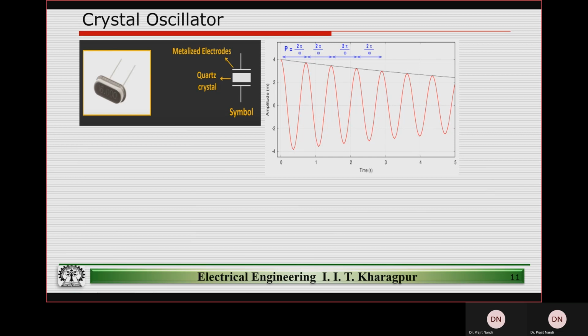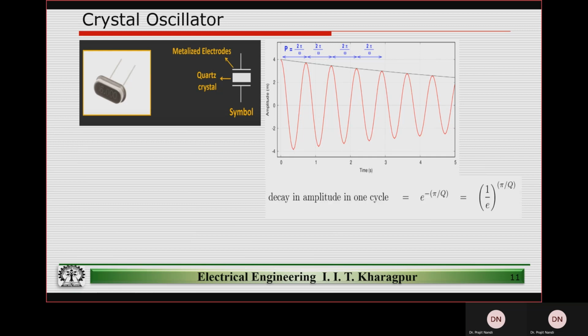If we have an LC tank and give an input impulse, it will oscillate, but then the oscillation will die down with time. If it's an ideal LC tank, this will never die down. It will keep oscillating. But in the real world, it will die because there are components which dissipate the oscillatory energy, right?